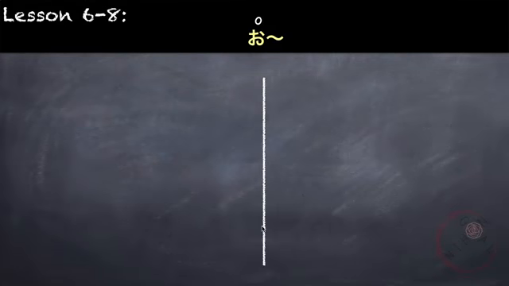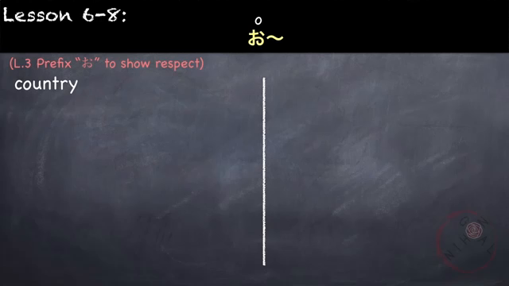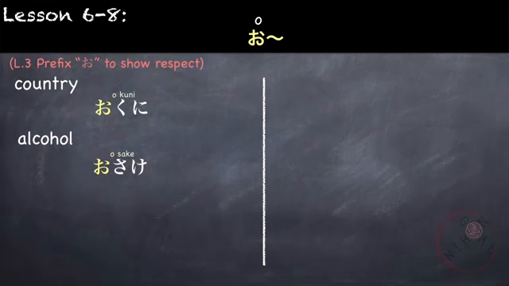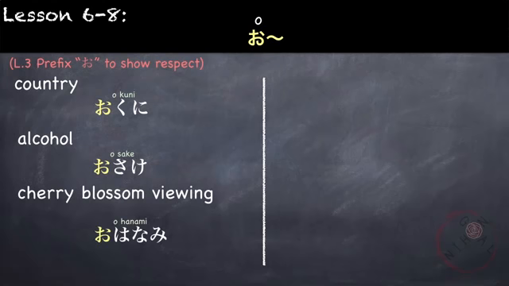And lastly, o. So in lesson 3, we've learned the prefix o is added to a word to show respect. For example, country, o kuni, alcohol, osake, cherry blossom viewing, o hanami.